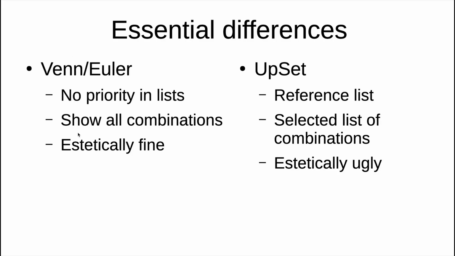In Venn Euler you show inevitably all the combinations, but in UpSet you show only selected ones. You can decide which combinations, how many you want to show, and so on. And I also have aesthetic concerns regarding upset plot, but you can ignore it.